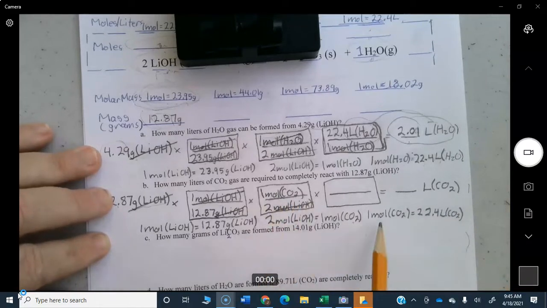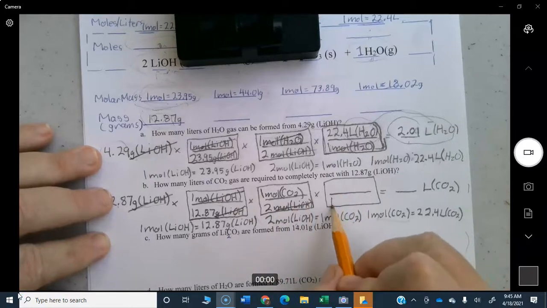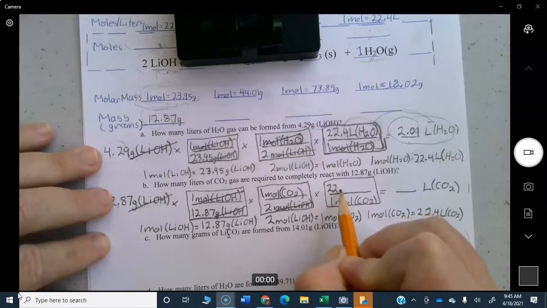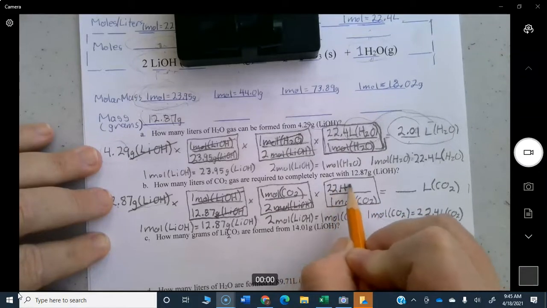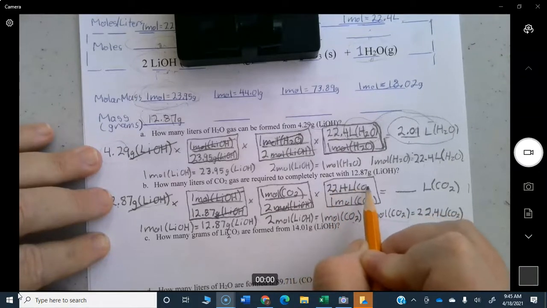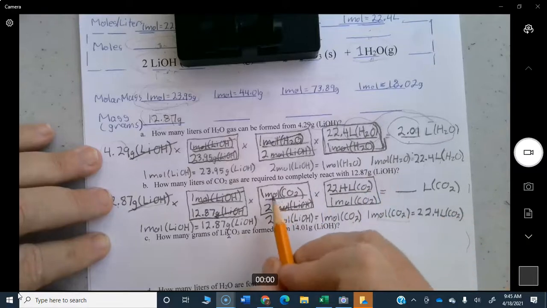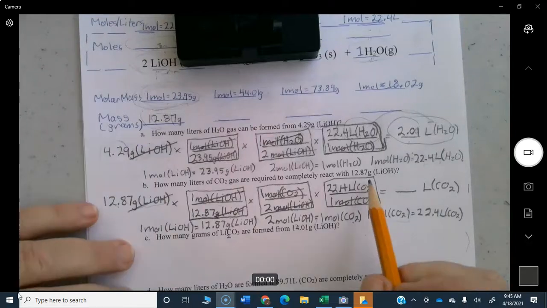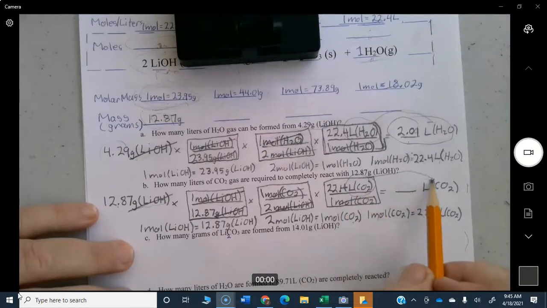Moles of CO2 has to go on the bottom. Moles of CO2 cancels. So last man standing is liters of CO2, which is what you want.